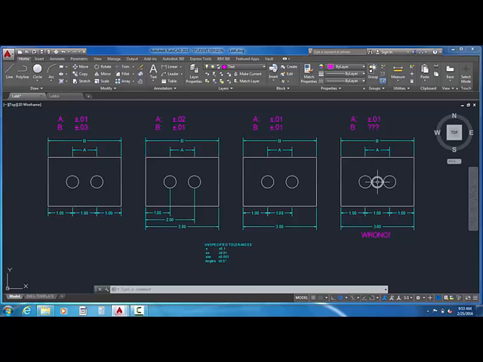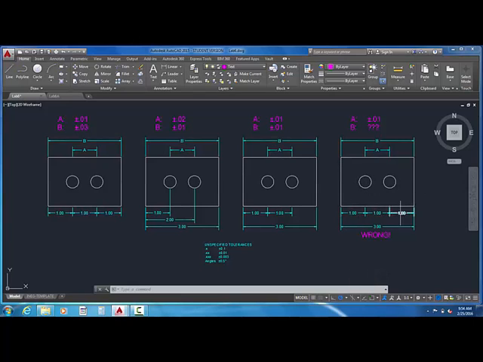Finally, let's look at the last drawing. This drawing has been over-dimensioned and is absolutely incorrect. As before, if we look at dimension A, it's directly specified, so no problem. We understand that the tolerance for the distance between the holes is 0.01. However, we have a conflict on the outer width of the plate.